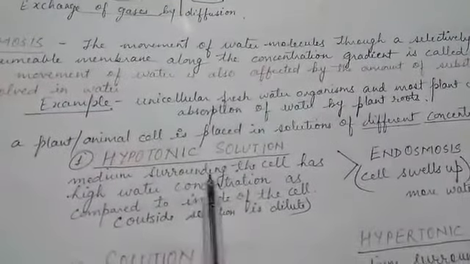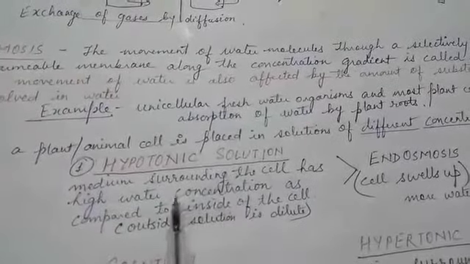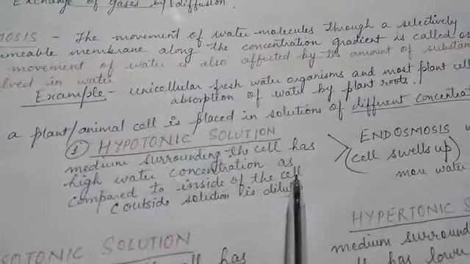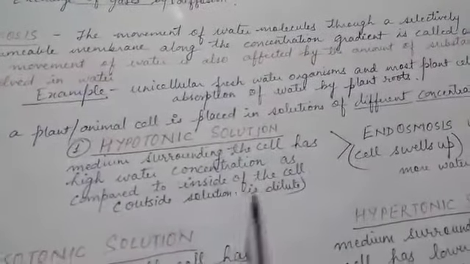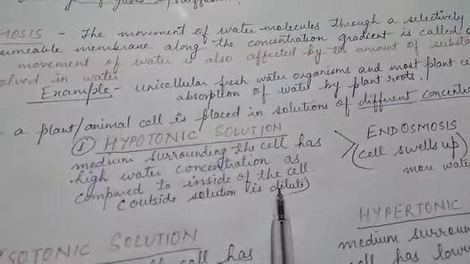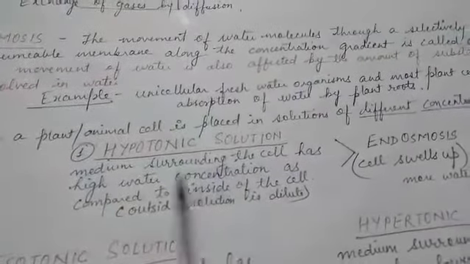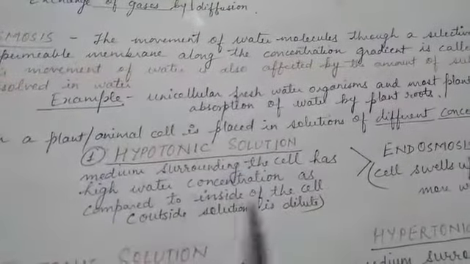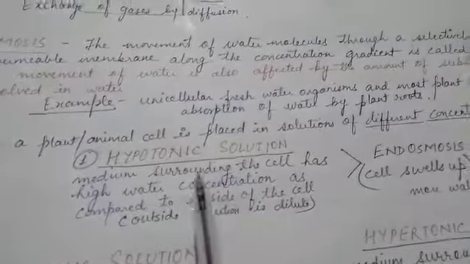The medium surrounding the cell has a high water concentration as compared to the inside of the cell. It means the outside solution is dilute, more water is there. So this is a hypotonic solution.